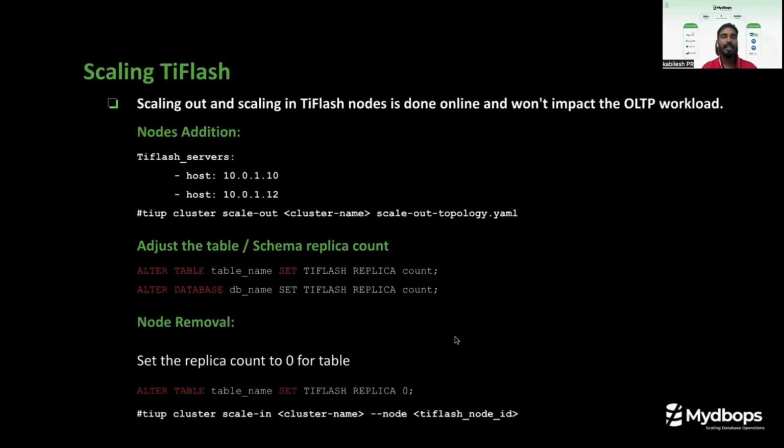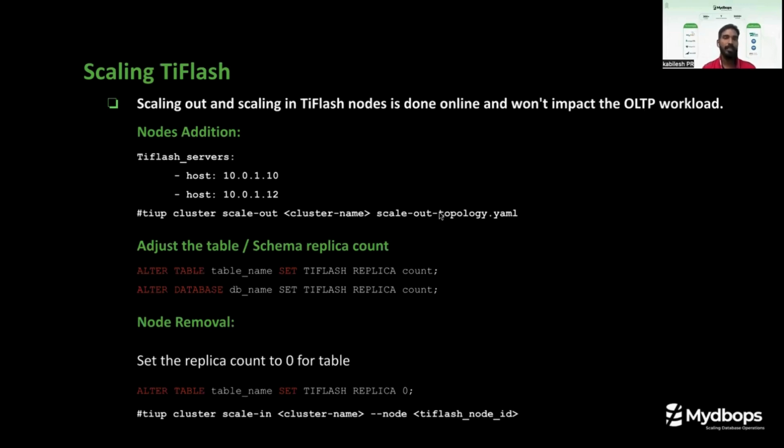Next is scaling TiFlash. For example, your need increases, the dependency on analytics increases, and you want to add further nodes. You can add them with the same command: you can scale out with the same host YAML file by adding the number of hosts, using tiup cluster scale-out with your cluster name and this file. It will automatically add the nodes. Adding a node is also online.